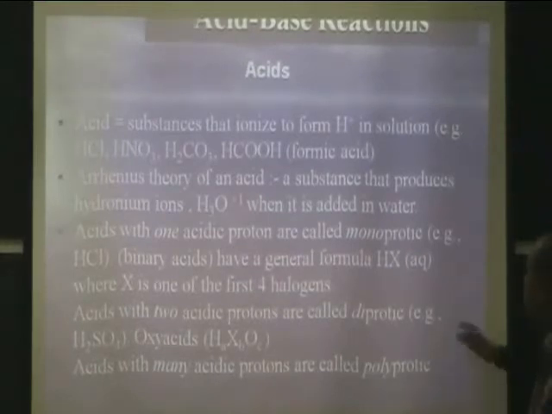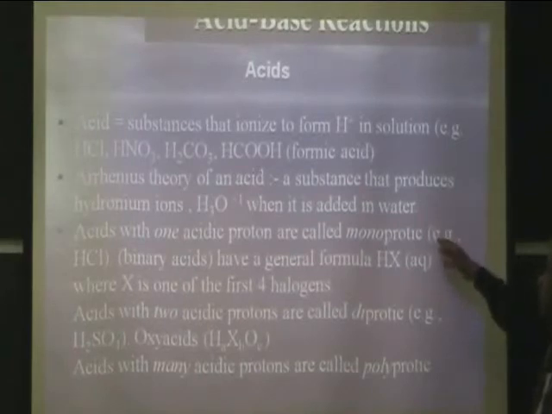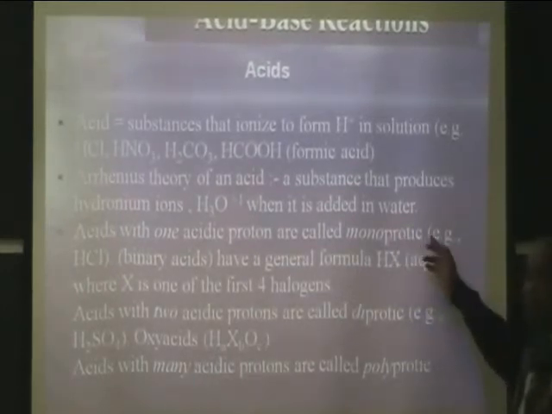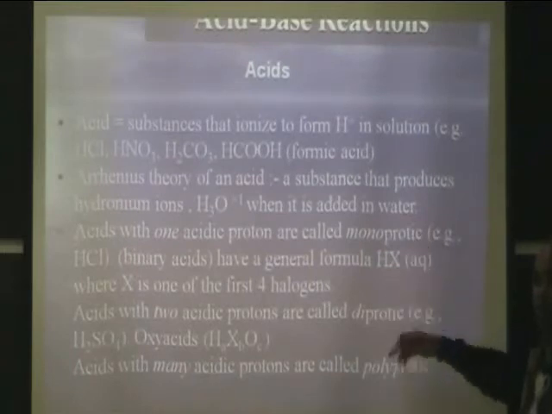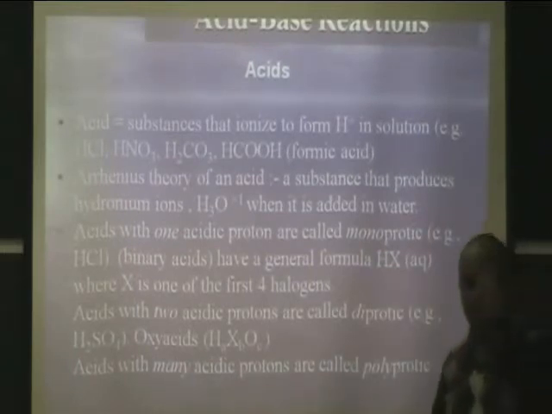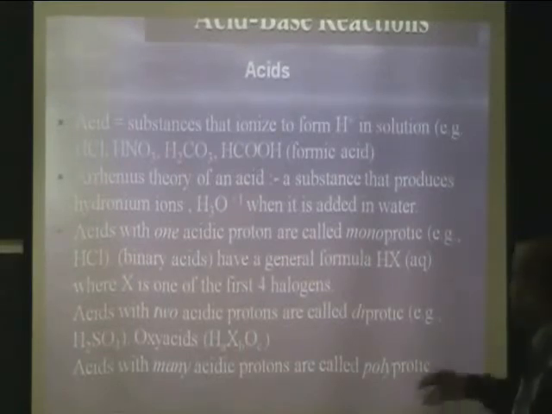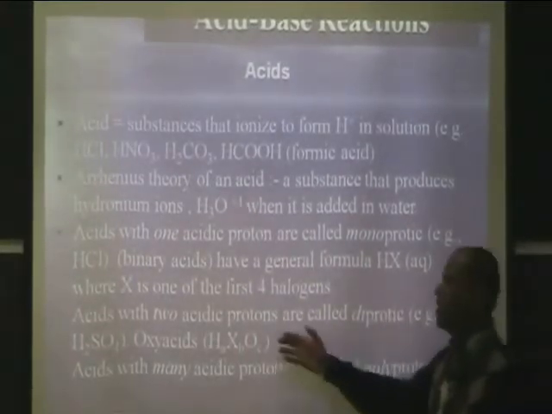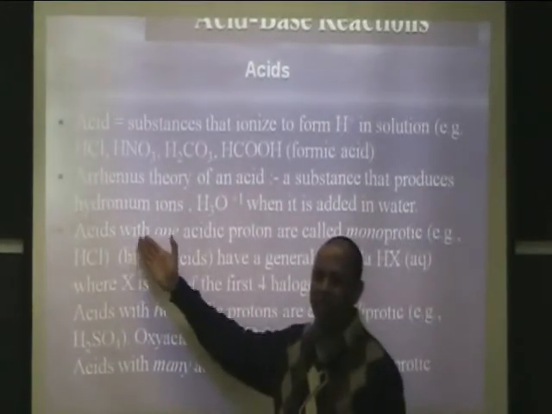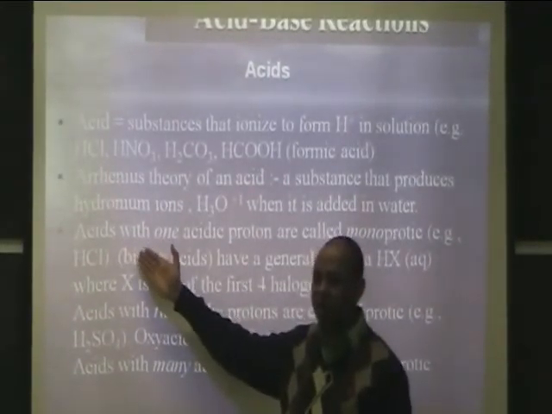There are also some classifications of acids. If you have an acid with one hydrogen ion, we call that monoprotic. I want you to remember that: monoprotic means it's an acid that has one hydrogen ion in it. Then there are diprotic acids. By the way, the word binary is a traditional name. Don't get confused with bi.